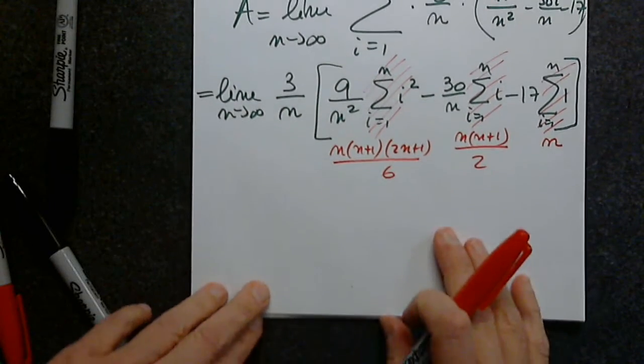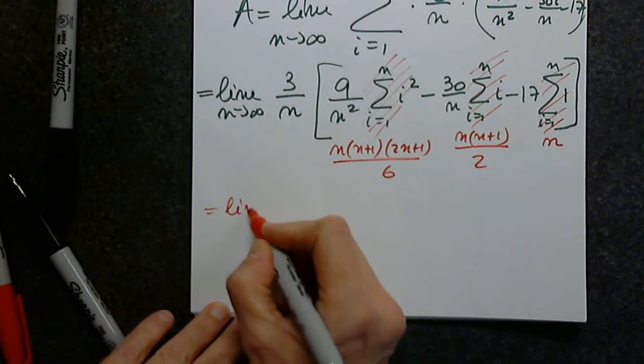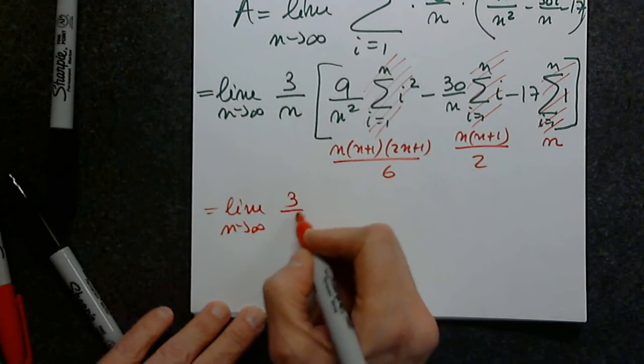Ready? So then I have limit as n approaches infinity 3 divided by n.